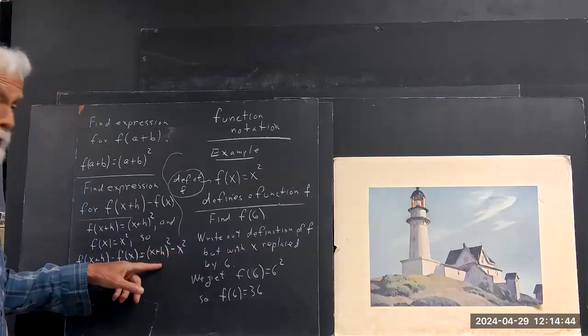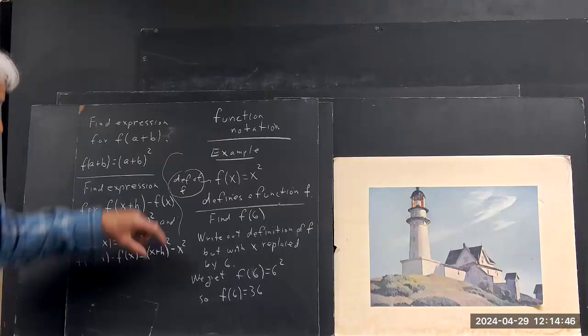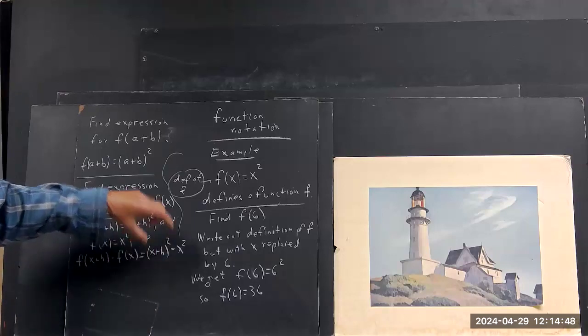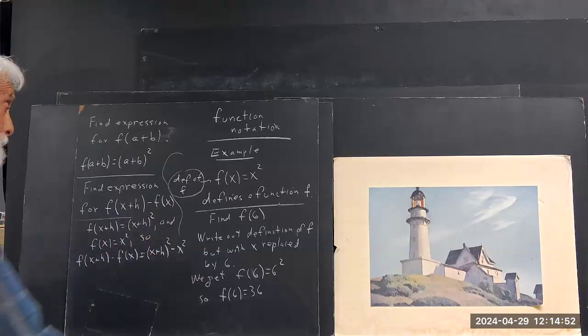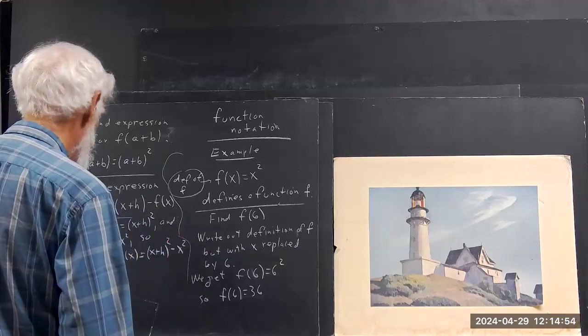Wrote down x plus h squared minus x squared. You already had the x plus h squared when I looked. I was pretty sure you're going to write out minus x squared. Okay. Everybody did a good job of that.